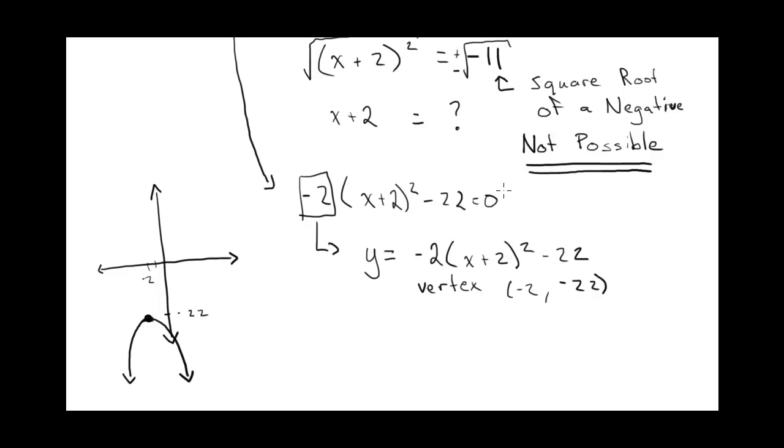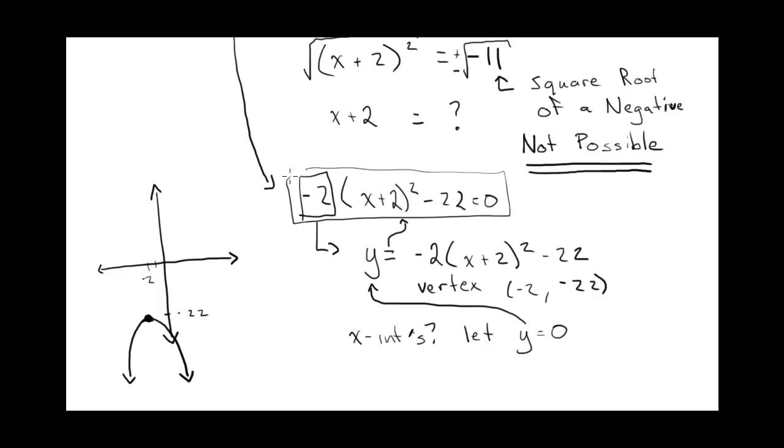Well, recall that if we wanted to find the x-intercepts, you would let y equal 0, so you put 0 into there, which is basically just this equation up here. So you'd be trying to solve this equation. Well, where does this cross the x-axis?